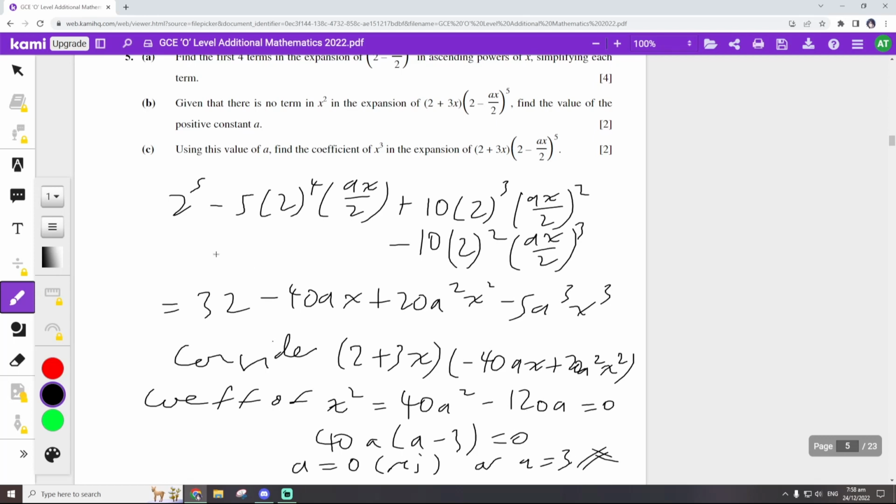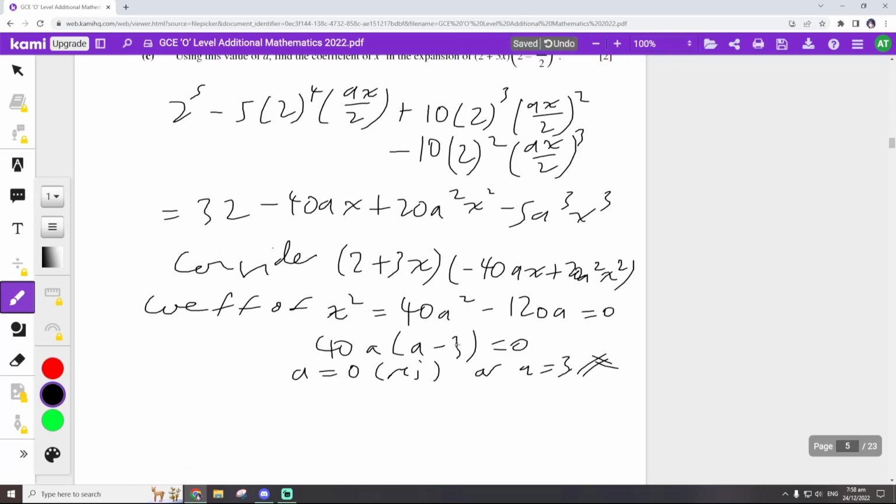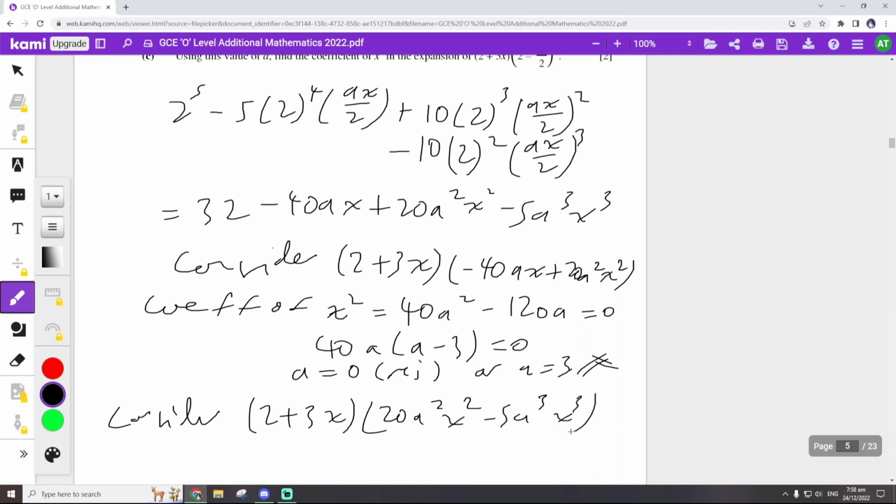Hence find the coefficient of x cubed. Okay, for the coefficient of x cubed, I will consider 2 plus 3x, and then let's consider 20a squared x squared minus 5a cubed x cubed, times 2 plus 3x.